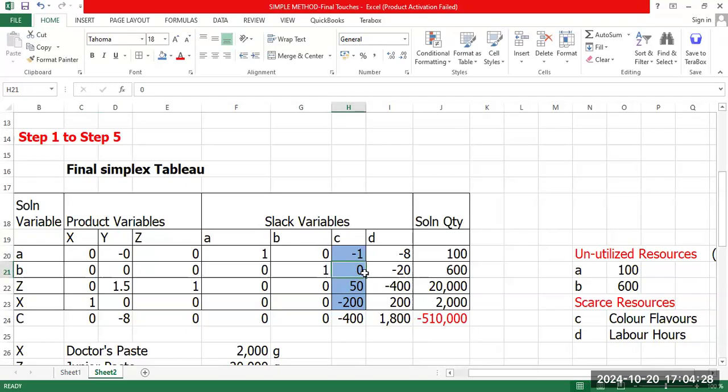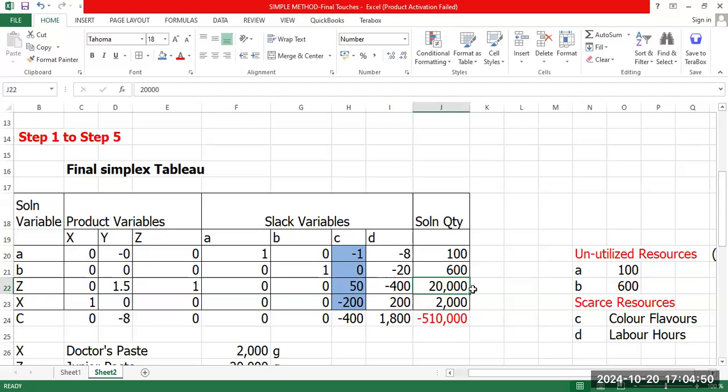Here, where you are going to get 0, that one will not be considered. Are you getting the reasoning? If you divide this by this, you end up getting 0. That one you don't consider. Every time you get 0, don't consider that. So it means that we only have 50.